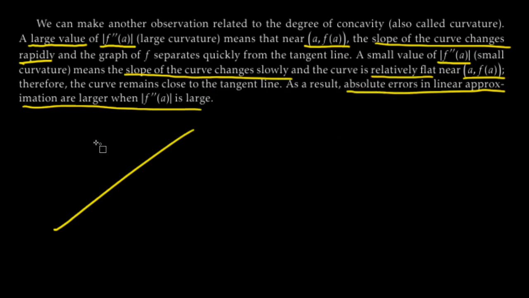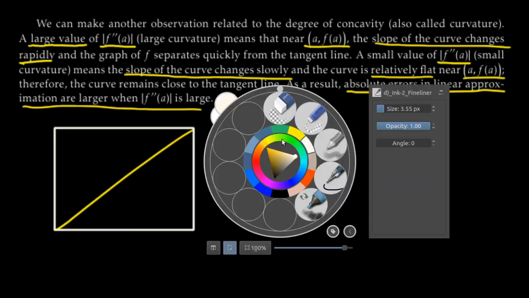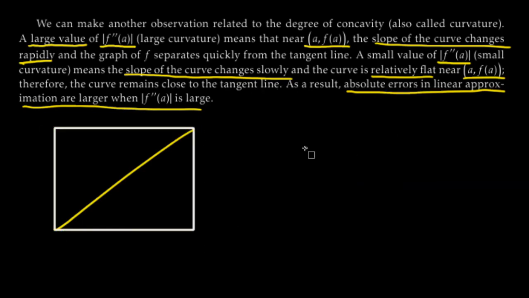Let me just draw a box in here and see if I can get a good picture going for us. So this is the situation where we've got concavity 0.